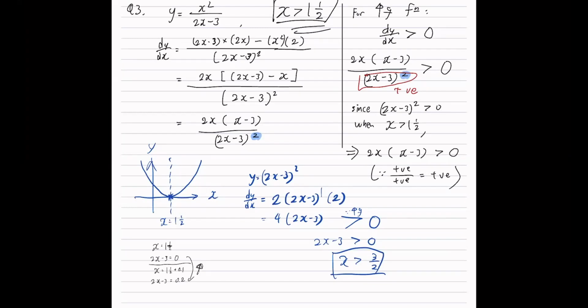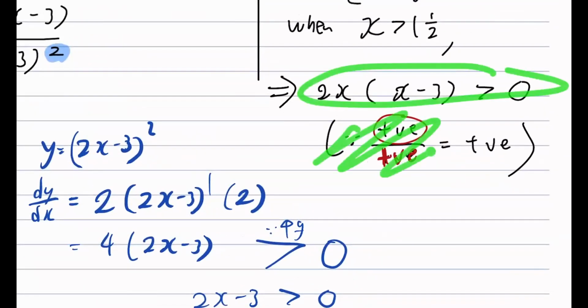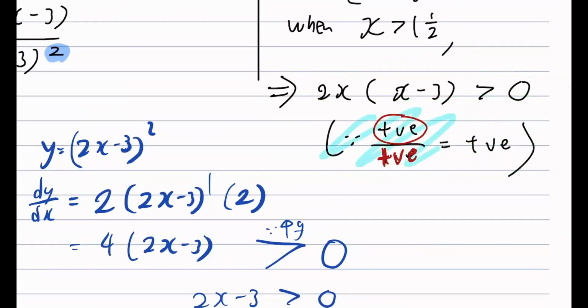This is not an official equal sign, but you get the idea. We know that this denominator must be positive, so by deduction the numerator must be positive, which is what I've written over here. You don't need to write this reason, it is not required, just know it at the back of your mind. Then from there, what kind of inequality do we get?